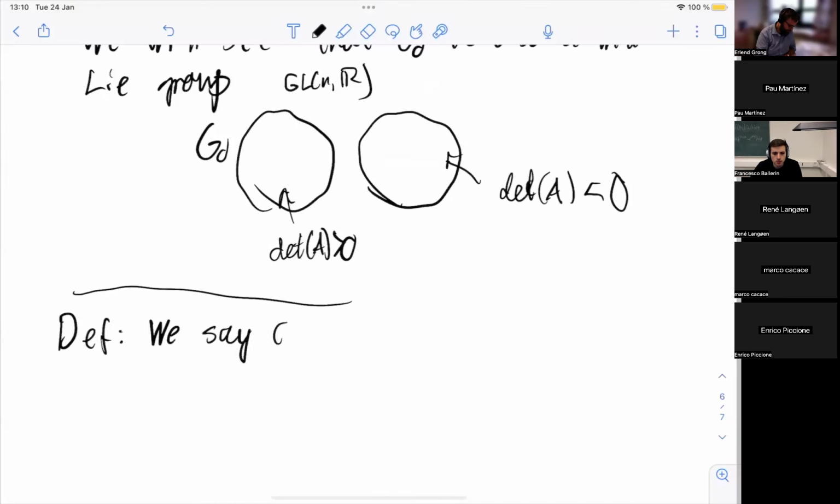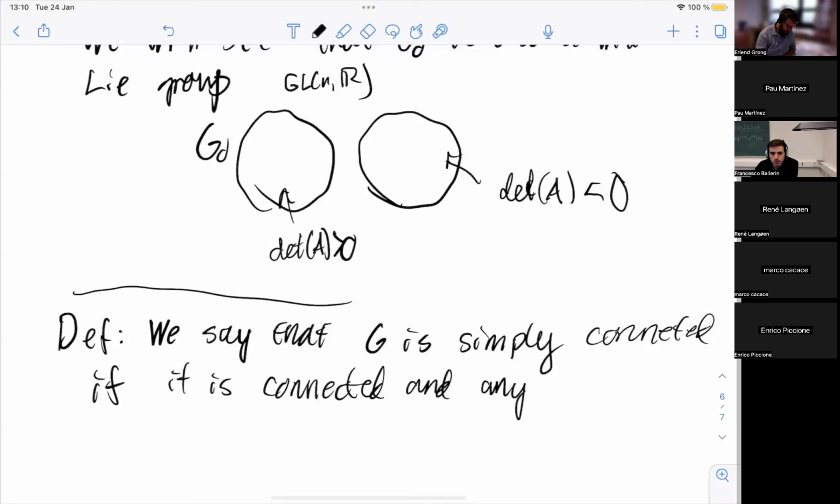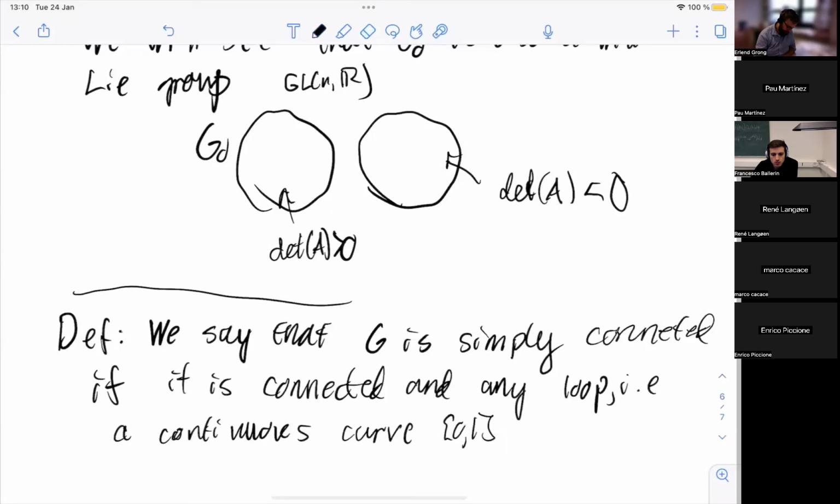We say that G is simply connected if it is connected and any loop, i.e. continuous curve, from [0,1] to G, t maps to A of t.